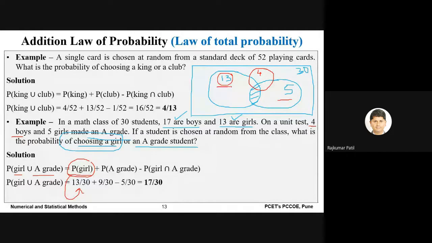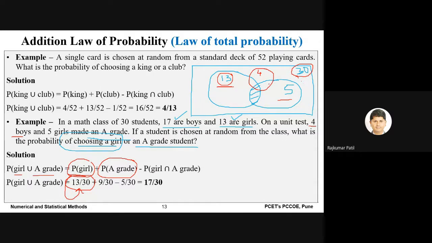There are 13 girls in the class of 30 students, so 13 divided by 30 is the probability that the randomly picked student is a girl. Second thing is, what is the probability that the student is of A grade?